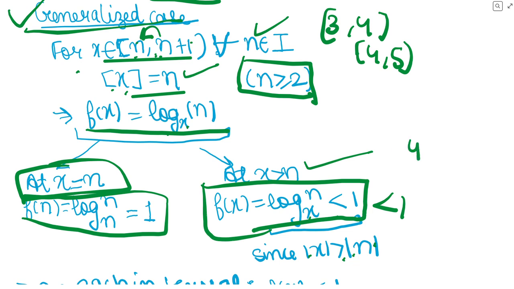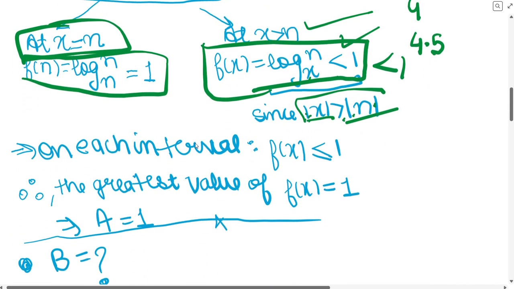For example, we put n as 4 and on the base we put 4.5. Since the value of x is greater than the value of n, this log is always going to be less than 1. That is the property of log.